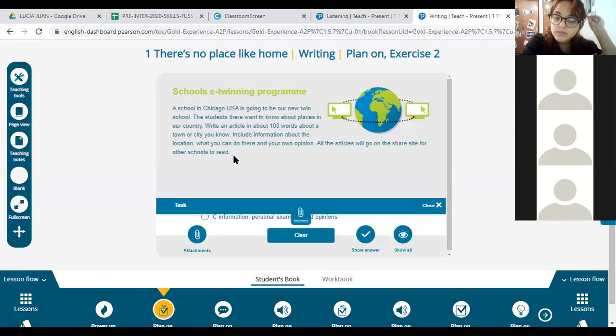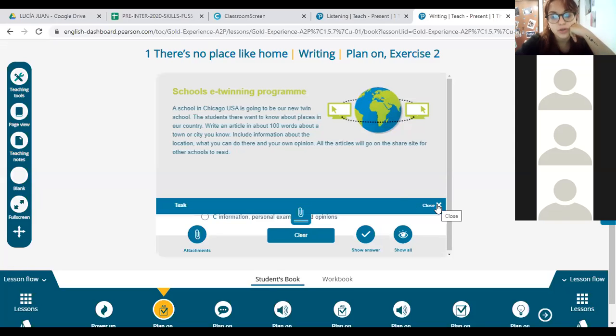Write an article of about 100 words about a town or city you know. Include information about the location, what you can do there, and your own opinion. All the articles will go on the share site for other schools to read.